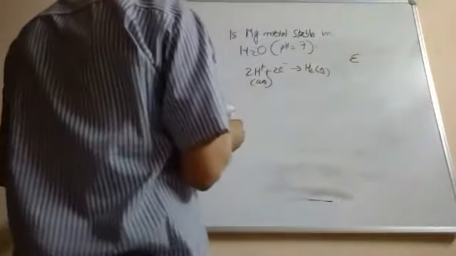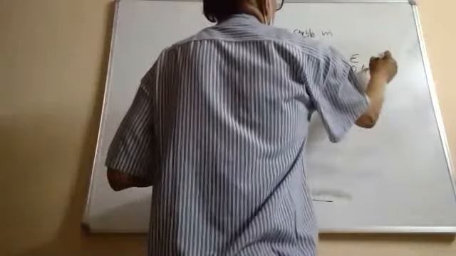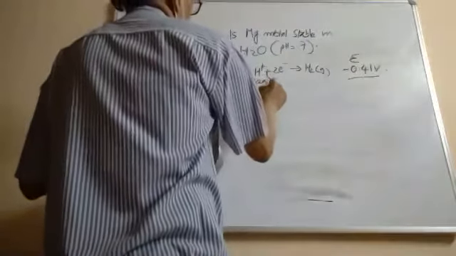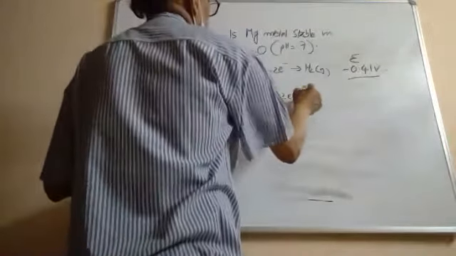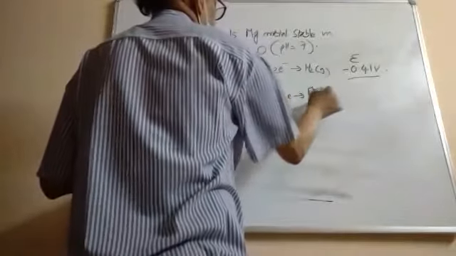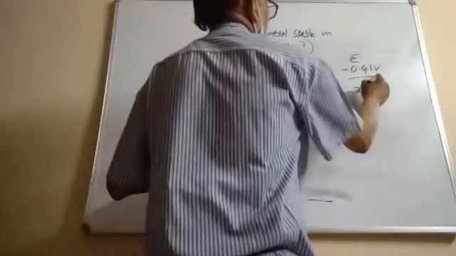At pH 7, the potential for that reaction is negative 0.41. And the potential for this reaction, Mg2+ plus 2e- to solid Mg, is from the books negative 2.35 volts.